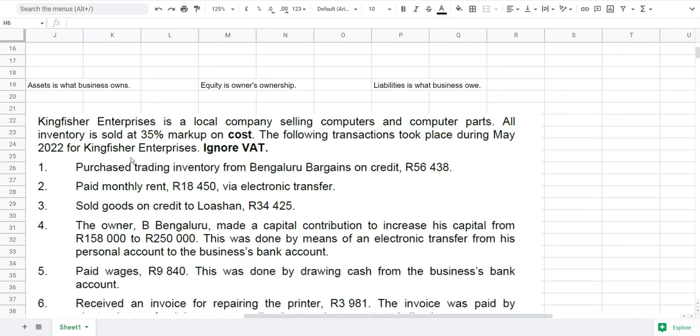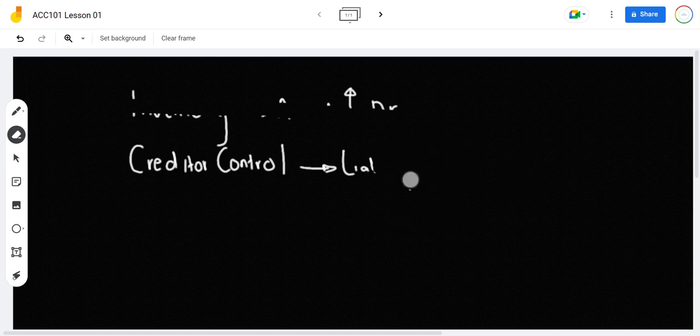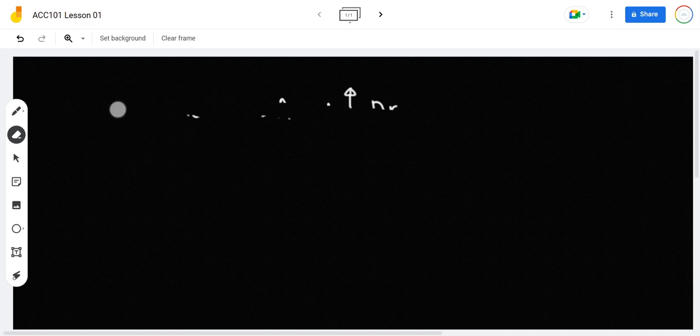So we are done with number 1. We now go to number 2. Number 2 says paid monthly rent 18,450 via electronic transfer. We must analyze the transaction. The key term there is paid.